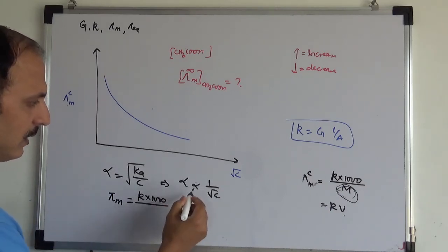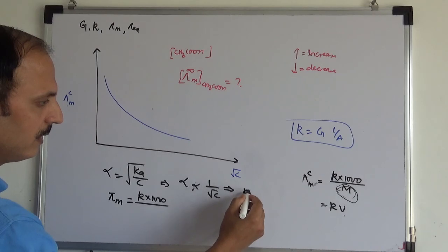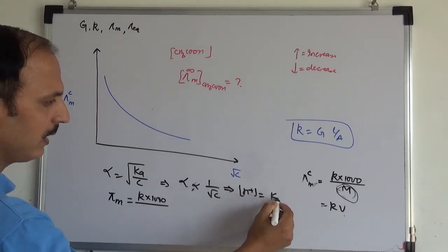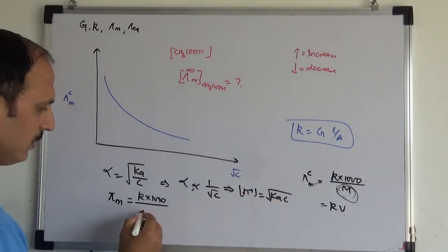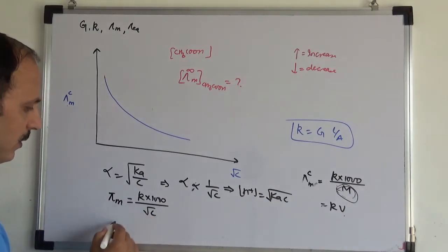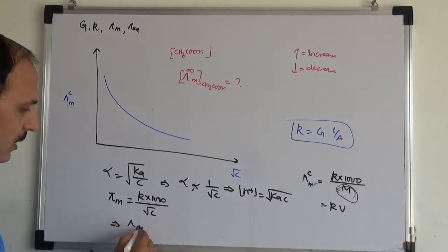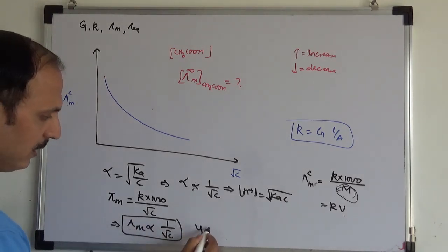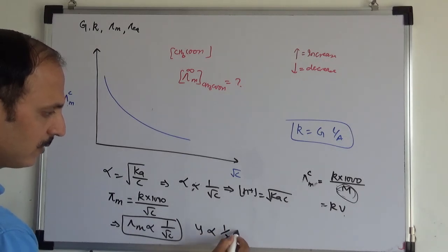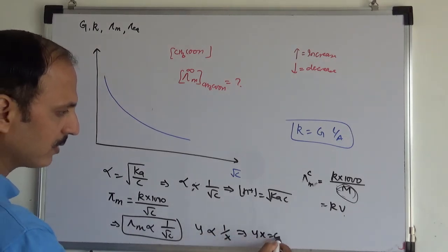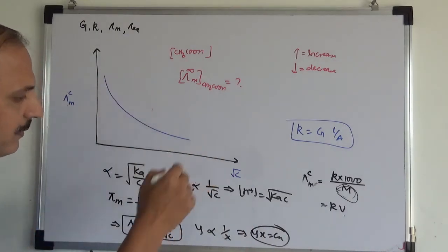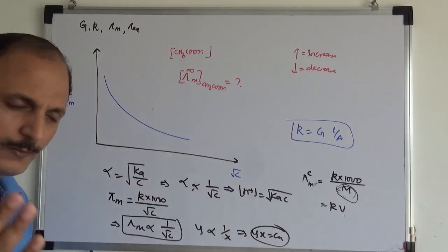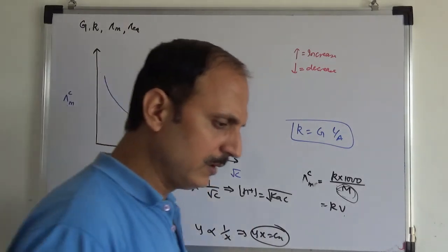So here the concentration of ions depends on what? K into C, so here the square root of C comes in the denominator. So from there, molar conductance will be inversely proportional to square root of C, and you can see in these two graphs, y is proportional to 1 by x, so xy is equal to a constant. It is a hyperbola. So that's why this graph is coming like this. Just a mathematical explanation.